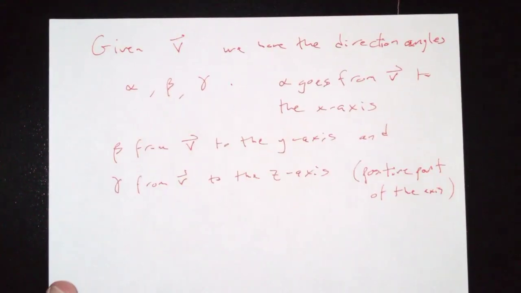So when I measure alpha, I'm measuring to the positive side of the x-axis. And since our example vector was in the first octant, that was easy to see. If it's in the second octant, well, then it's a much larger angle. That's going to be more than 90 degrees, right?